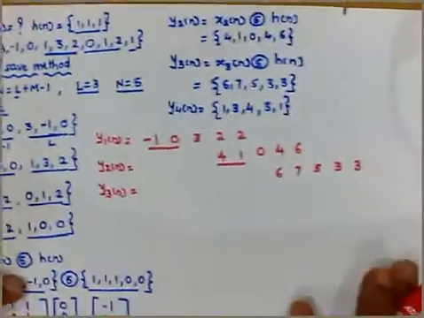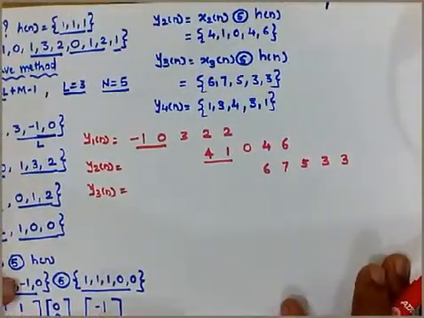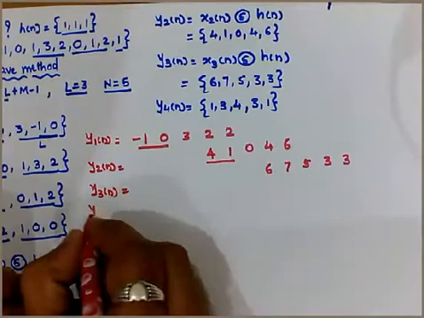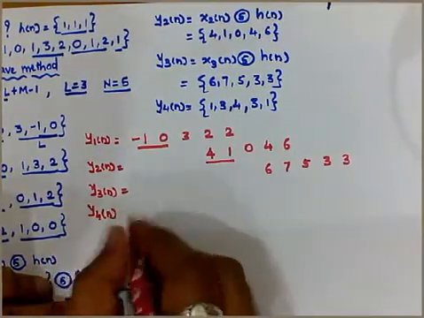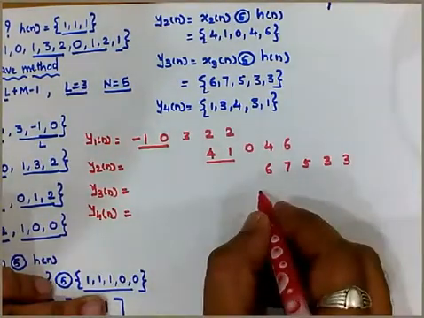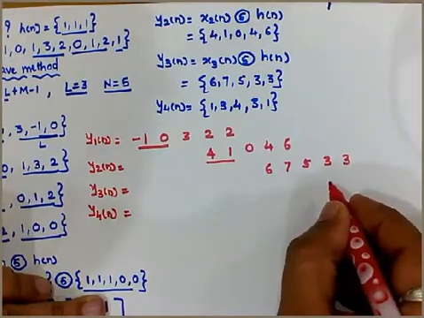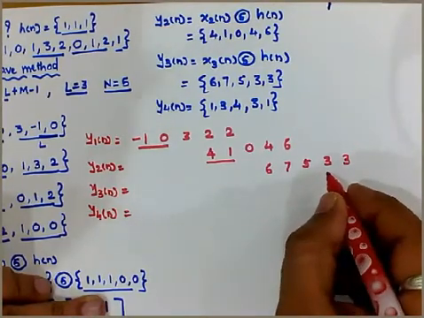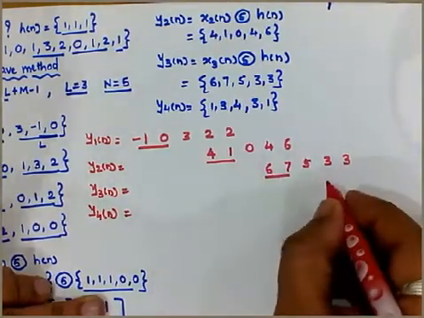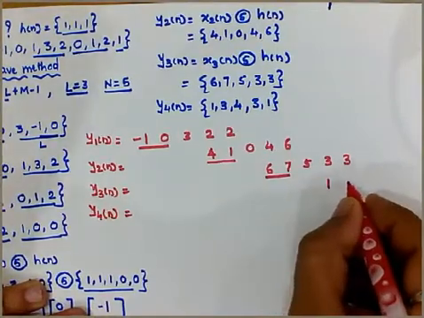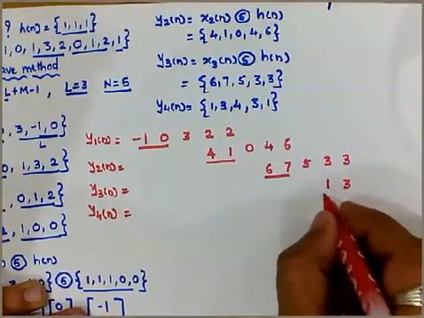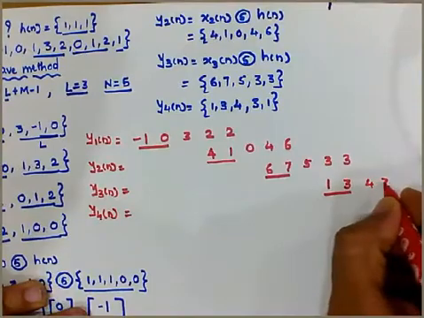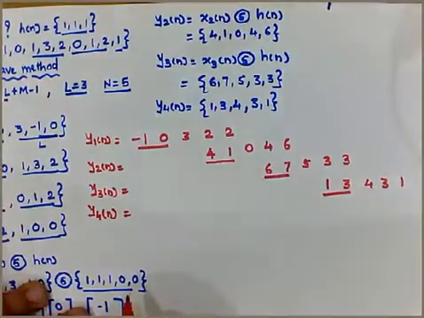Next is y4 of n, which is equal to, let's write it here, starting from M minus 1 overlapping sequences, so it will be 1 3 4 3 and 1.